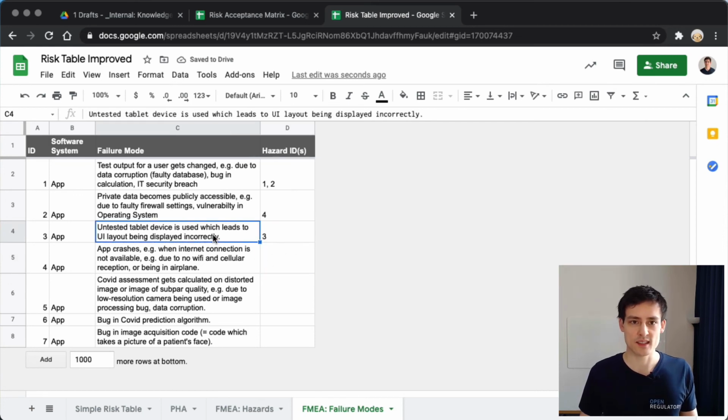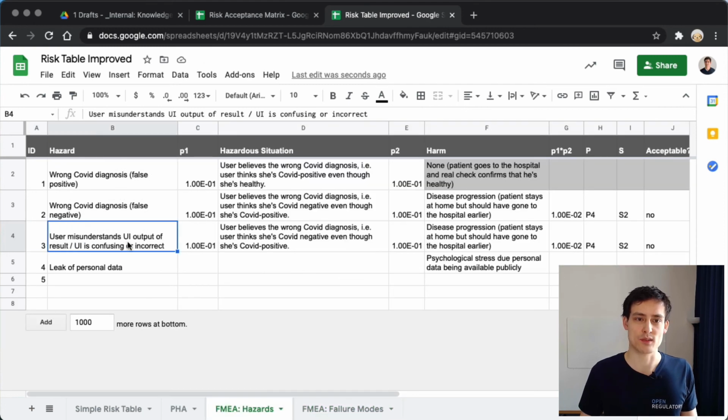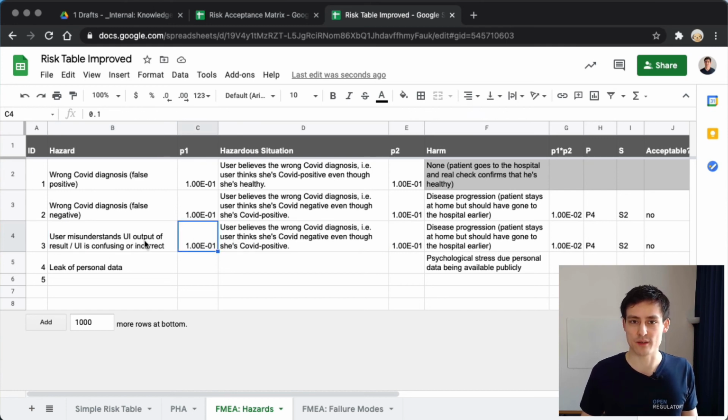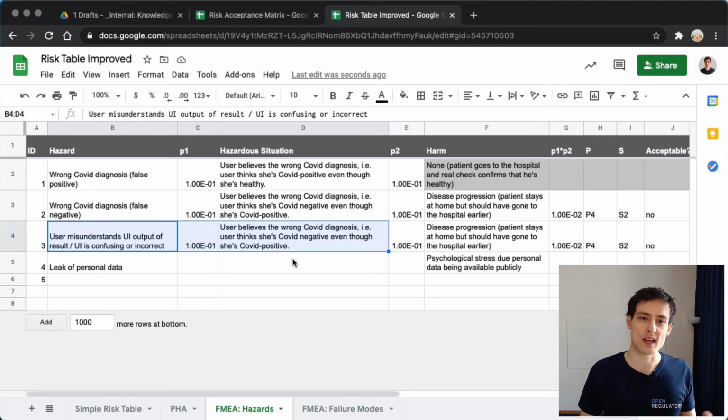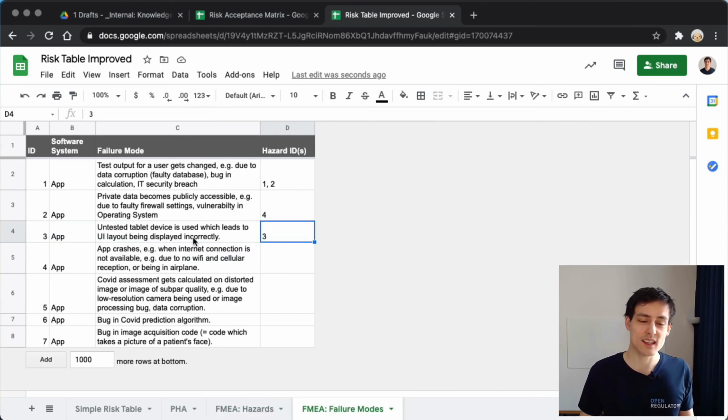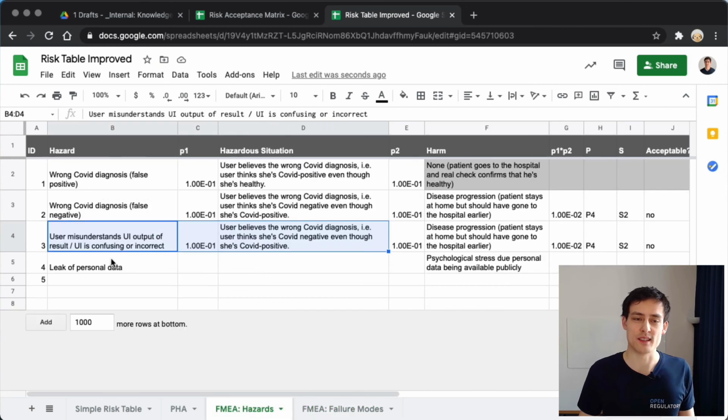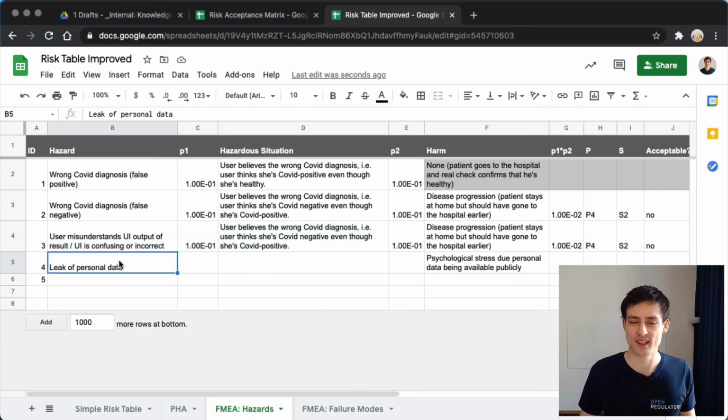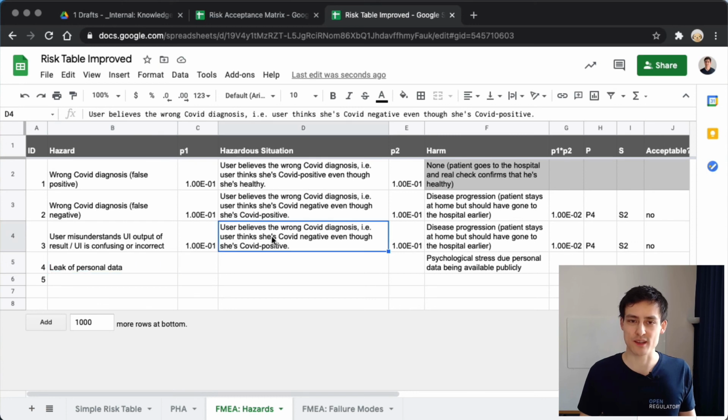Tablet leads to the UI layout being displayed incorrectly, and that leads to the user not understanding it or even not seeing it, and then the user may be thinking they have the wrong COVID diagnosis. You could argue in another way here: if the UI doesn't display anything, then maybe this is a different hazard, because then essentially nothing happens. Maybe it's a blank white screen, and the user would be like, this app sucks, but the user wouldn't be thinking they have a wrong COVID diagnosis.